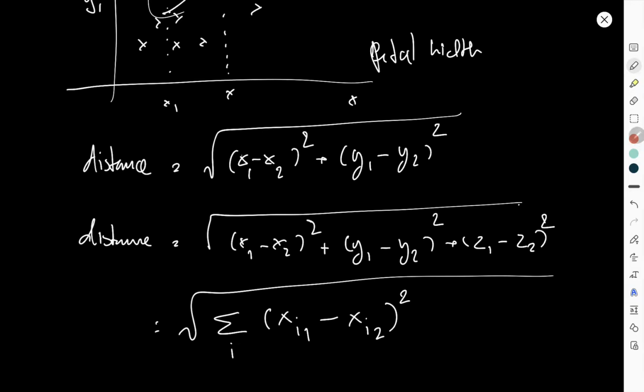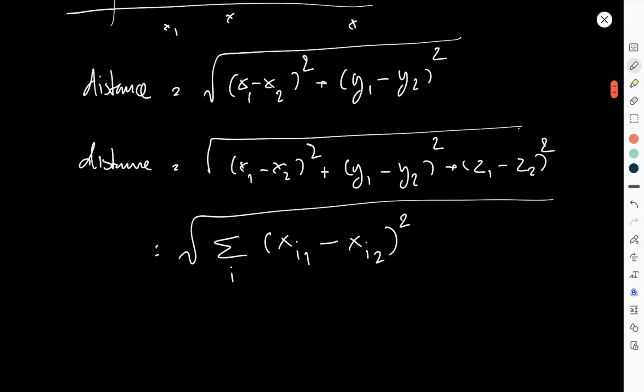To make it simpler, in many applications we don't need to take the square root, because we just compare distances. Which one is the closest? That's all, so we don't need to use the square root.